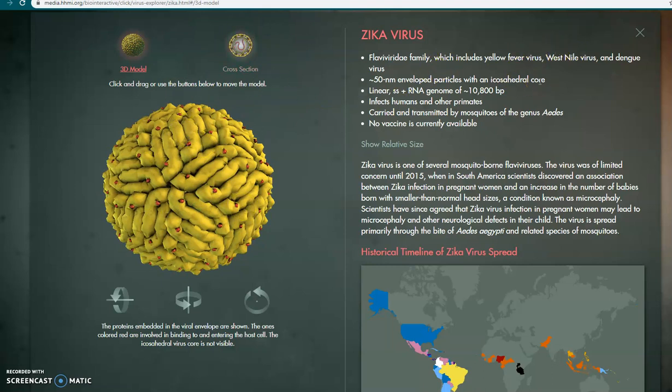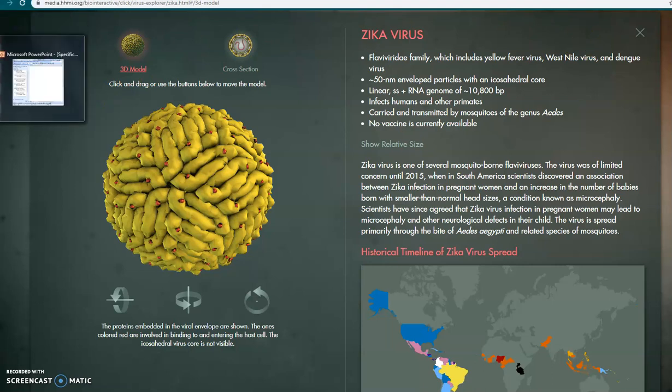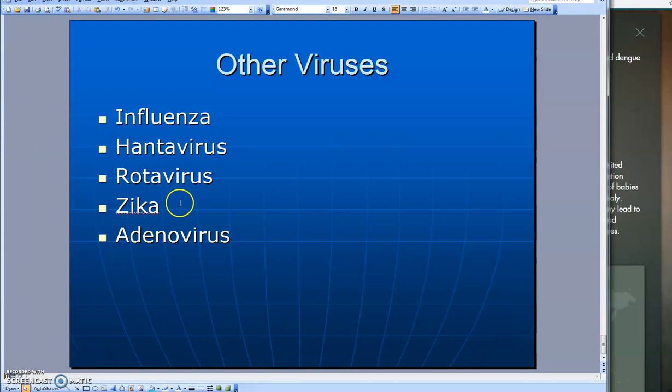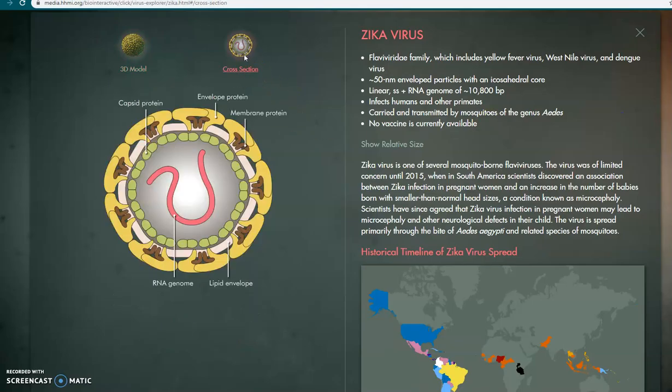But the main thing with Zika, it's a mosquito-borne virus, and if you get it, not a big deal. You're probably not even going to notice. Very, very mild symptoms. The issue with Zika is the microcephaly, which is the small head of children that were born from pregnant women that had gotten Zika.